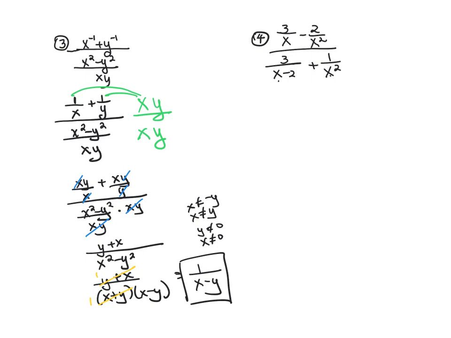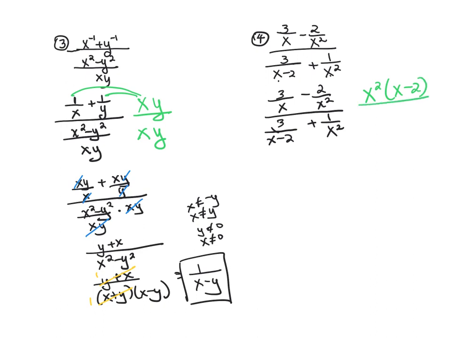And the least common multiple here would be x squared times x minus 2 over x squared times x minus 2.